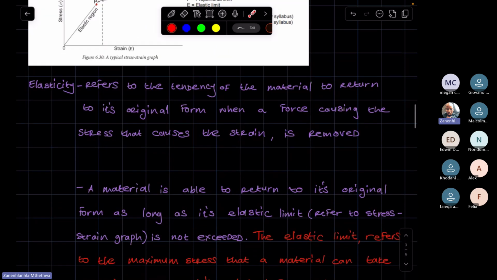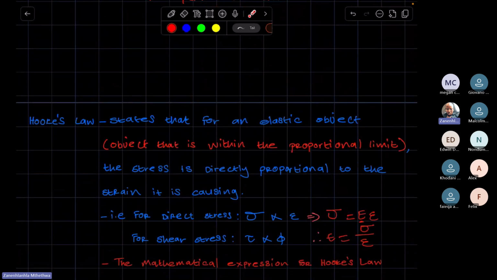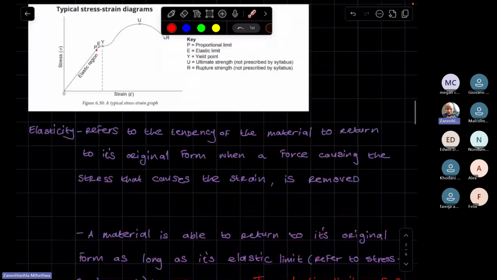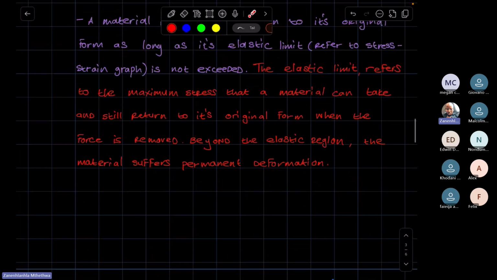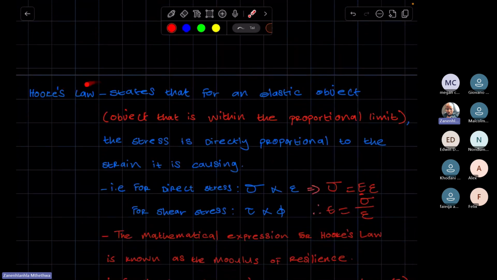So if you forget how to define Hooke's law, you can always look at it from the perspective of the stress-strain graph, bearing in mind that Hooke's law is only satisfied in the elastic region part of the graph. We are also able to express Hooke's law mathematically.